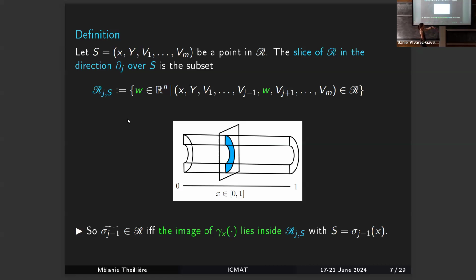So it's just a slice. What could we do for the new partial derivative dj? In fact, the section sigma_{j-1} tilde belongs to the relation if and only if the image of the loop lies inside this slice, under the point given by fixing the other components, in fact, of the previous formal solution.